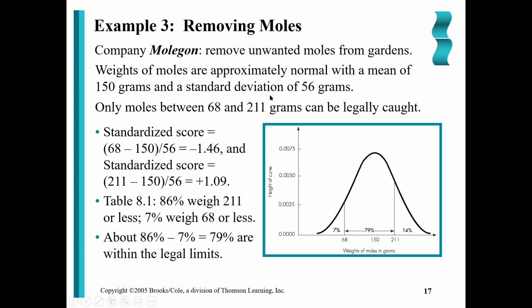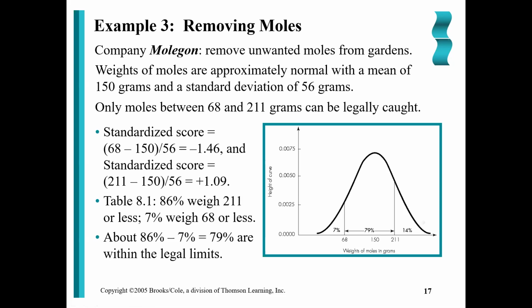And according to the law, wherever this place is, only moles between 68 and 211 grams can be legally caught and removed. Any moles that are bigger than this or smaller than this apparently cannot be hunted and removed from gardens.